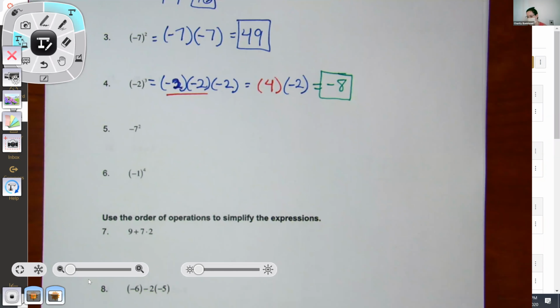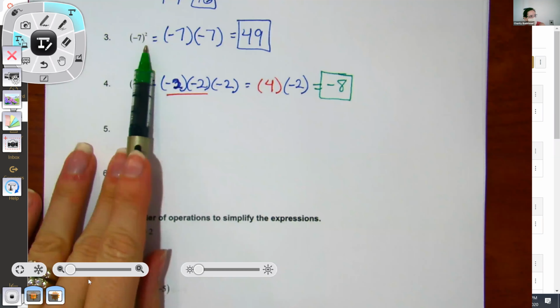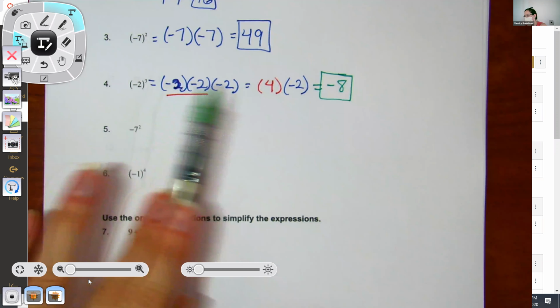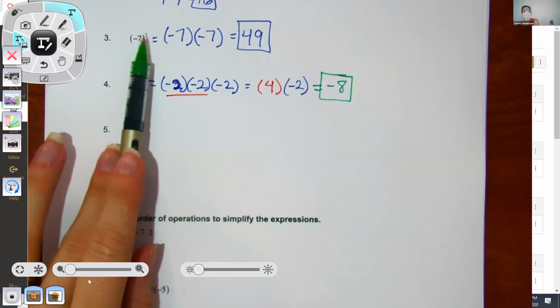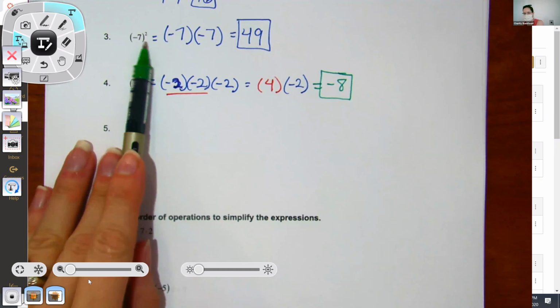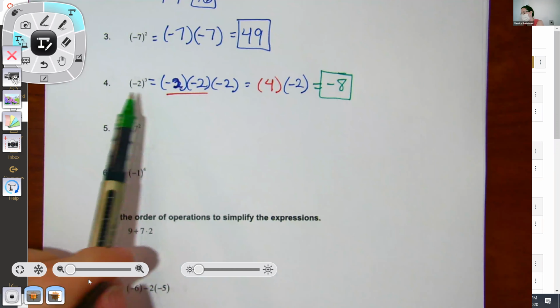Whenever you have a negative number raised to an even exponent, your answer would be positive. If you have a negative number raised to an odd exponent, it would be a negative answer. Even numbers would be 2, 4, 6, 8, 10, and everything else is odd, so 3, 5, 7, 9 are odd numbers.